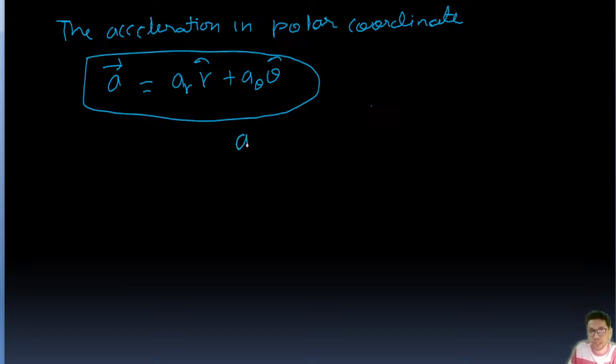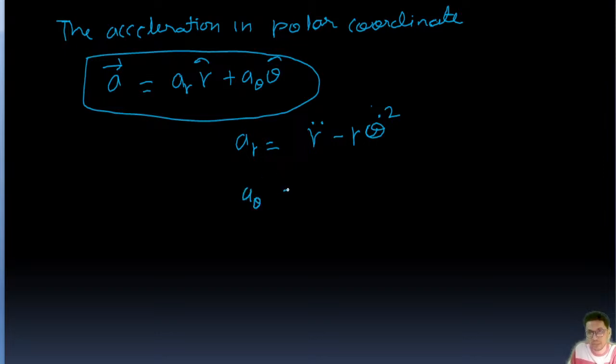The value of A r is r double dot minus r theta dot square.